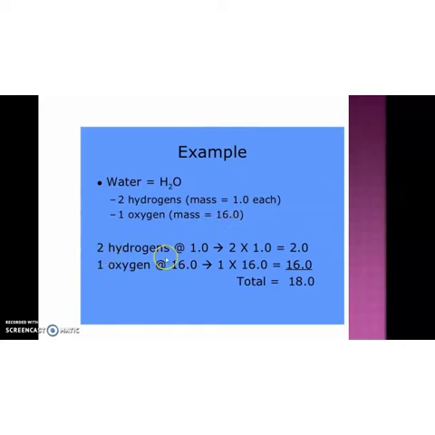Since there are two hydrogen atoms, 2 into the mass of hydrogen is equal to 2. And only one oxygen atom is present in the water molecule, that is 1 into 16. So the total mass is 2 plus 16, that is 18, which is the molecular mass of H2O.